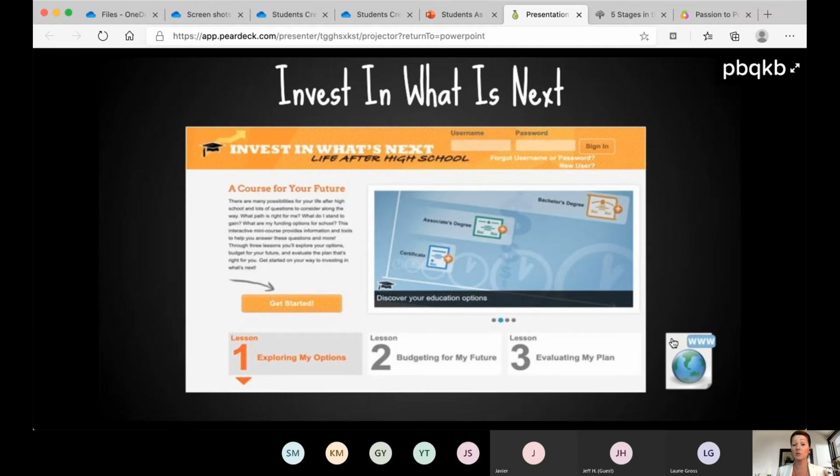A few other things, if you're looking for some tools, these are some great tools to share with your students, especially when it comes to financial literacy and when students are preparing for their next educational adventure when they graduate from K through 12. Invest in What's Next is really a course for your future. It helps students plan if they want to start off being a business entrepreneur, get a certificate, an associate's degree, or a full college degree.